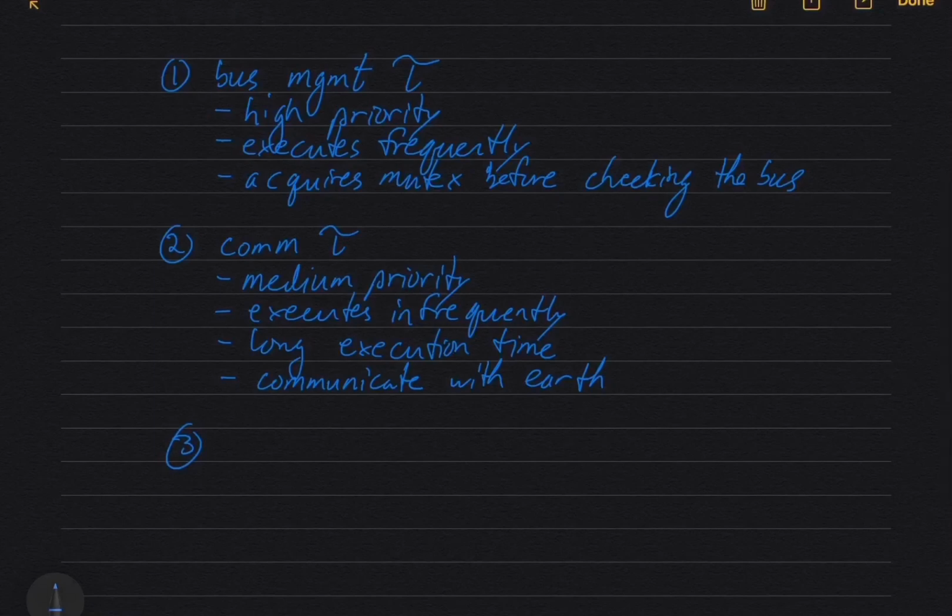And the third task is the meteorological, or the MET data gathering task.